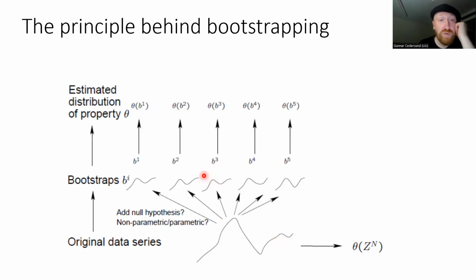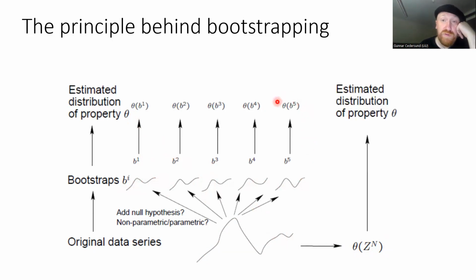And you can also do the same optimization for each of these bootstraps that you created, each of these alternative data series. And then you simply look at the distribution, how different are these values, these predictions? Are they the same? Then it's a well-determined prediction. If they are very different, then it's not. So this is the simple idea.